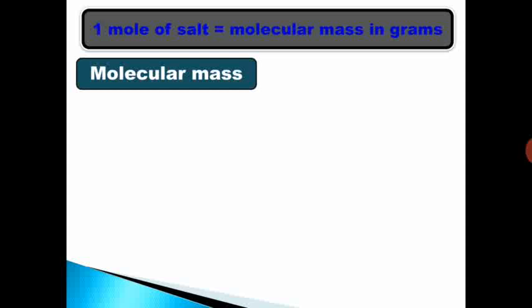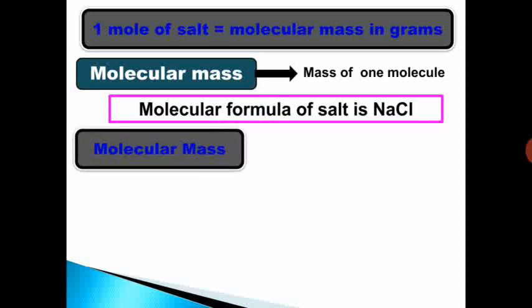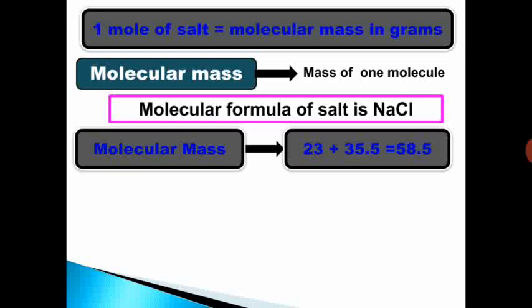Molecular mass means we have to calculate the mass of one molecule of salt. For that we should know the molecular formula of salt, and that is NaCl, sodium chloride. So let us calculate the molecular mass of NaCl. For that we need to add the atomic mass of sodium and the atomic mass of chlorine, that is 23 plus 35.5, and our answer is 58.5 Dalton.